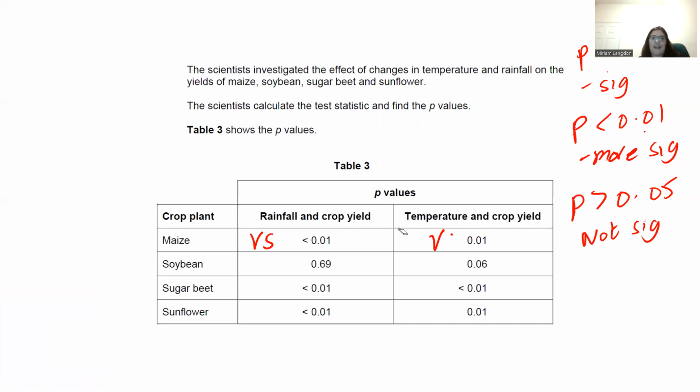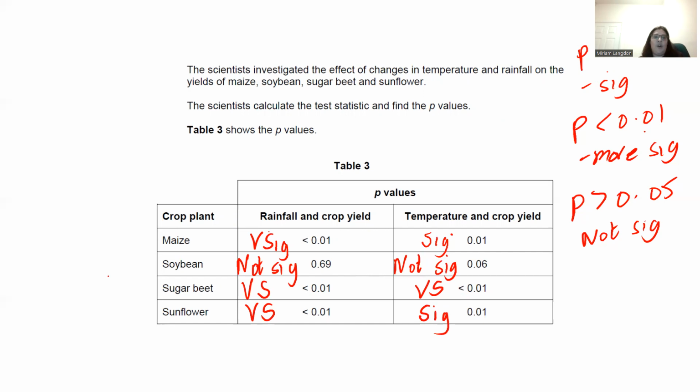So we'll just write it as significant for this particular purpose. 0.69 is greater than 0.05, so that is not significant. Neither is 0.06, because that's also bigger than 0.05. These two, on the other hand, are very significant because they're less than 0.01. That one is also very significant, and that one is just significant.